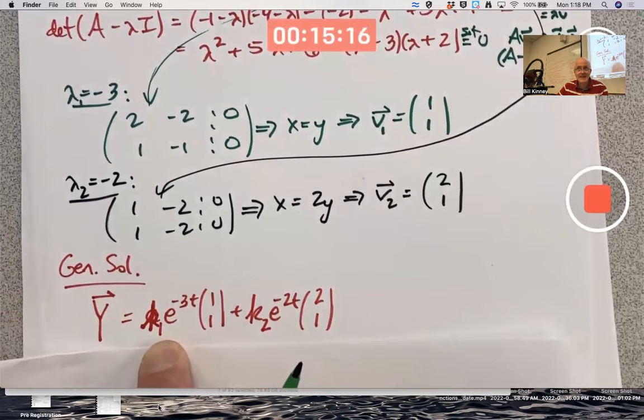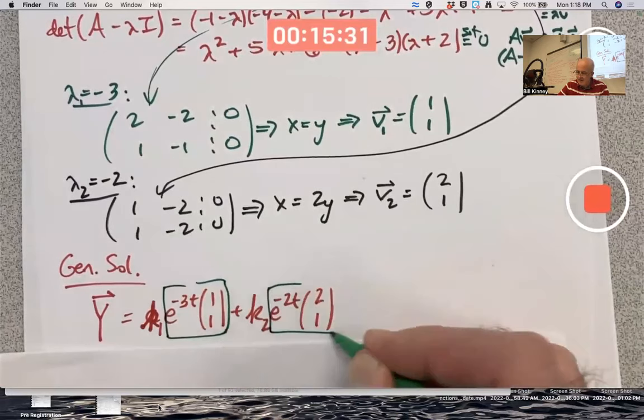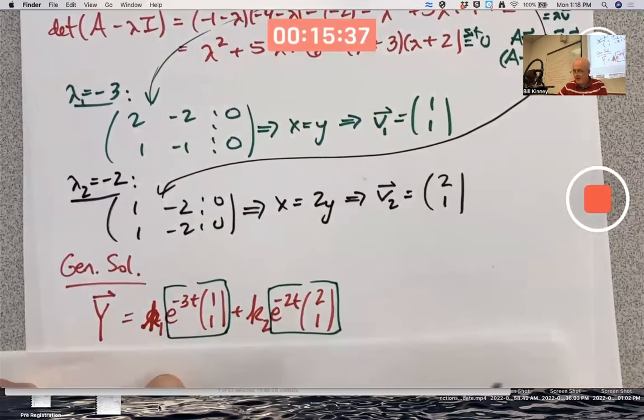This is related still to vector space theory. Ideas of basis and dimension. These two functions are both individually solutions of the system, and they're linearly independent.